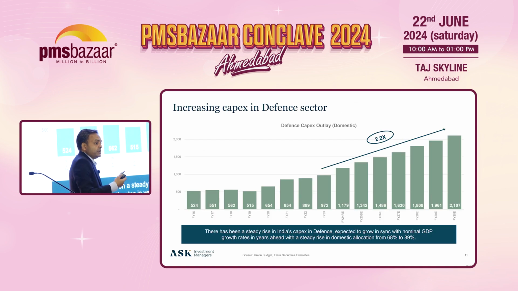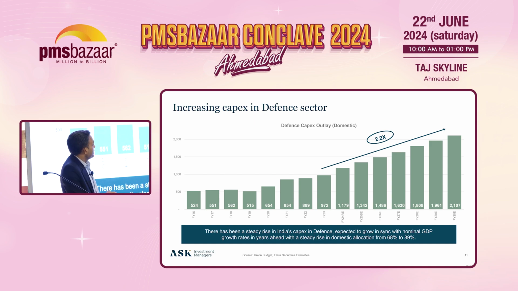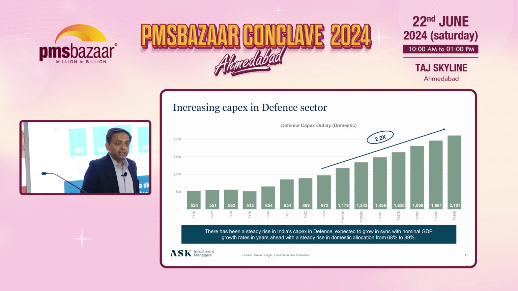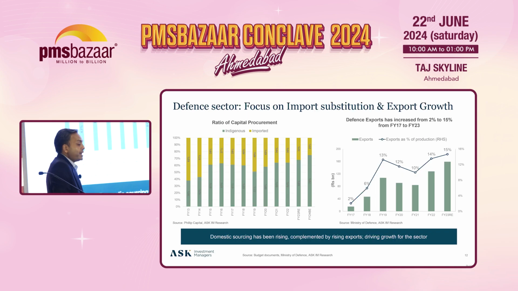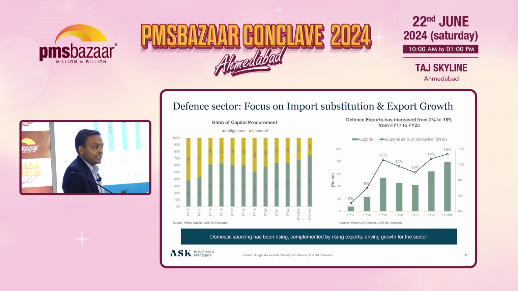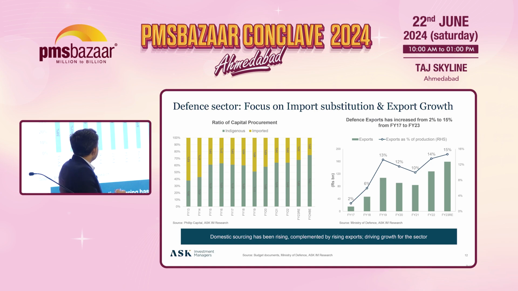Defense is the other example where numbers are expected to more than double in terms of spending. And what are the key drivers? If you look at indigenization or Atmanirbhar Bharat or import substitution, which is highlighted by these green bars, domestic production is increasing, import is decreasing. That is one aspect.